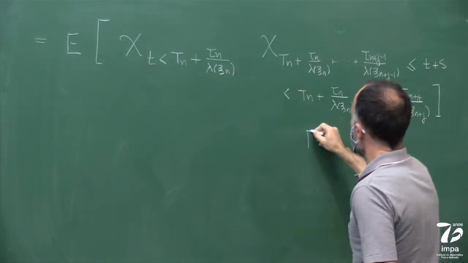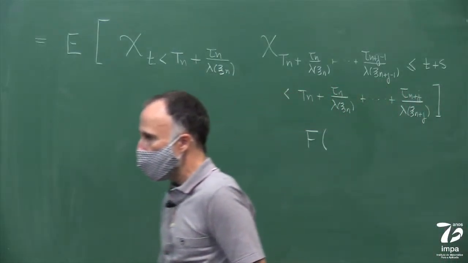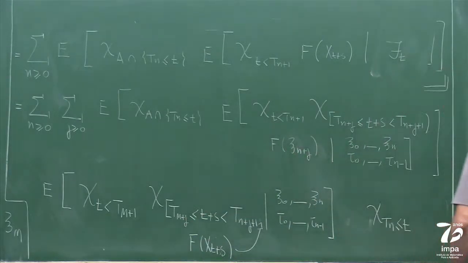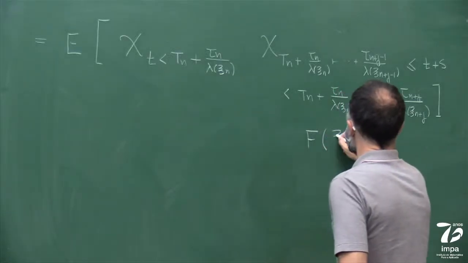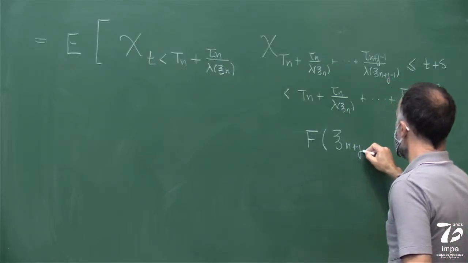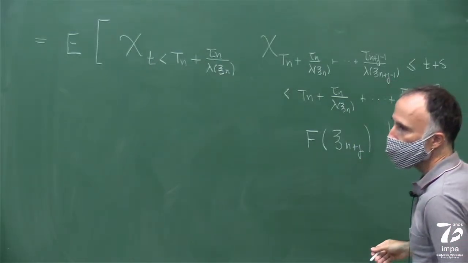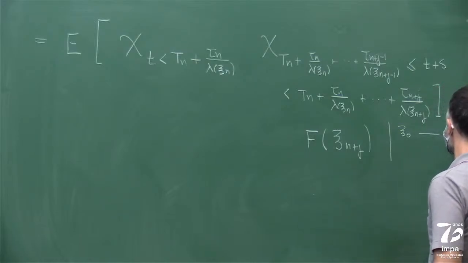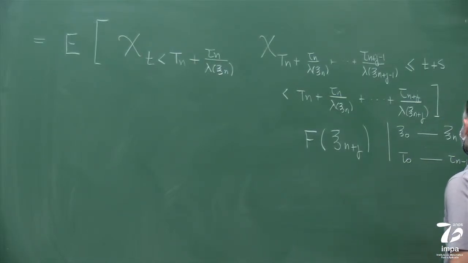And then I have f of x t plus s, but I know that in this interval, x t plus s is equal to psi n plus j. And this is conditioned on psi 0 up to psi n, tau 0 up to tau n minus 1.